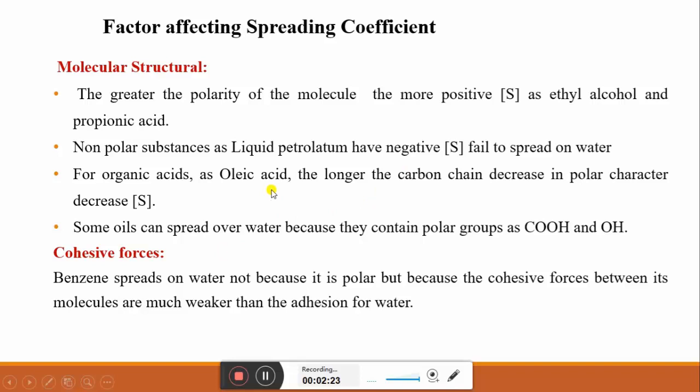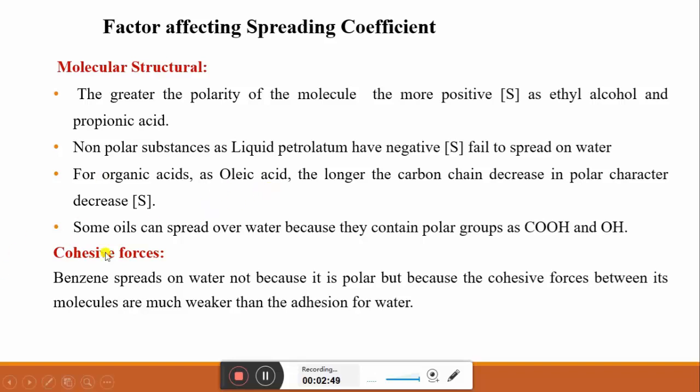Next, in substances, for example, oleic acid or organic acids, the greater their carbon chain length, the more it leads to a decrease in their polar characteristic. So that decreases the spreading coefficient. For oils which have more polar groups, for example COOH or OH, in that case their spreading is good.